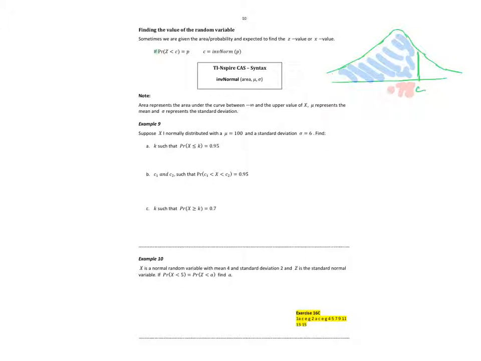Okay, so I go inverse norm. I've got a probability of 0.78. Which sort of distribution am I going to use? So it might be a 0, 1, it could be 100, 6, it could be anything. All right.